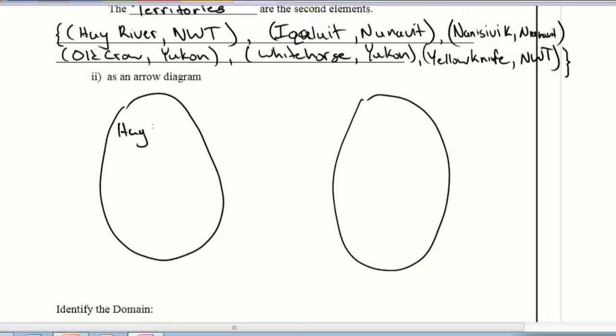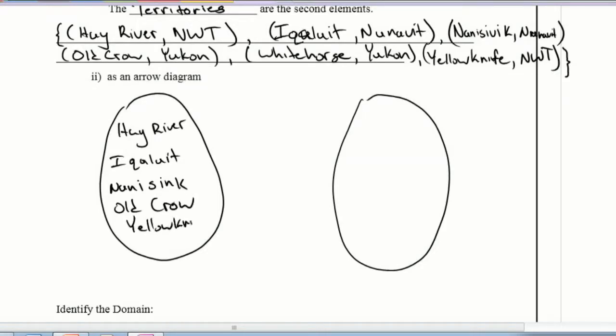So I had Hay River, I had Iqaluit, Old Crow, Yellowknife, and Whitehorse. So those were all of my elements of my first set.